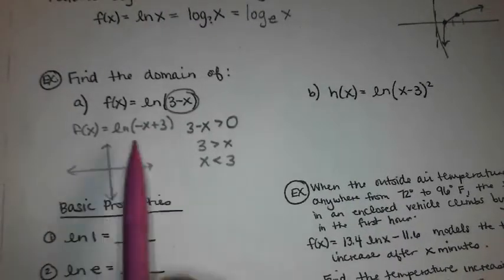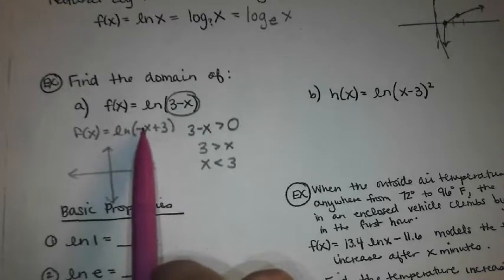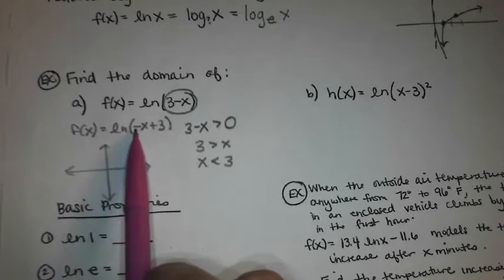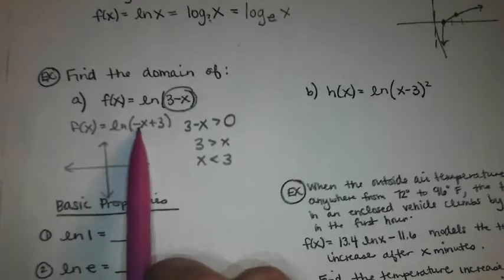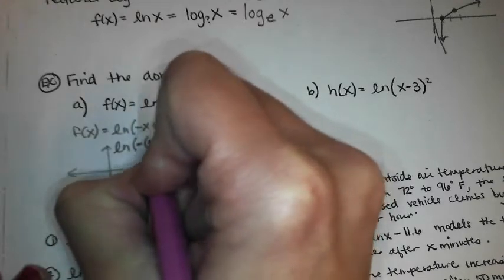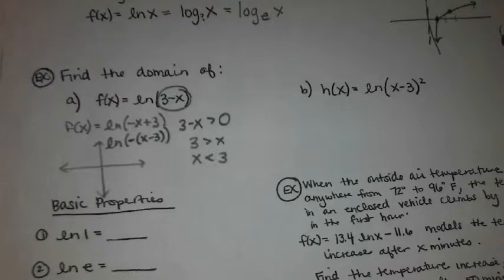Yes, so if there's ever a combo of a horizontal stretch, reflection, compression, you have to factor that out first. So you would rewrite this as the natural log of negative x minus 3. And then, typically we follow order of operations, right?